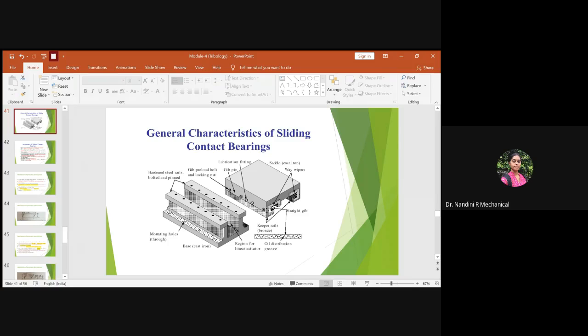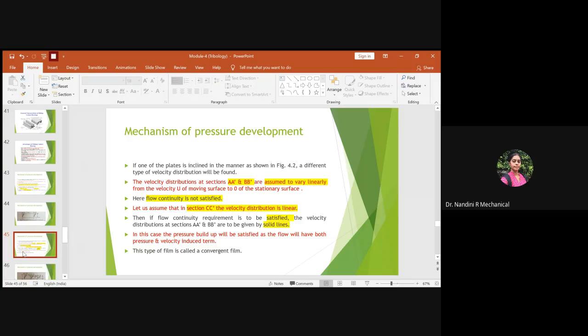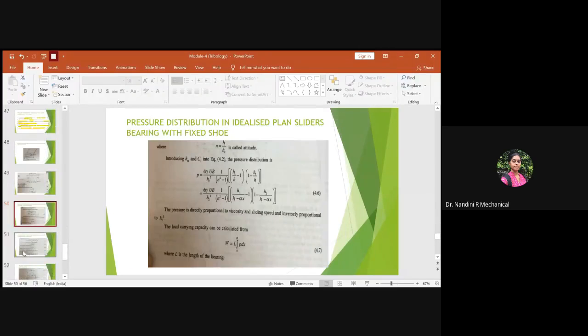So based on H2, it depends with what speed it has been sliding. So that is what has been explained over here, right? So you have to write directly, the pressure directly depends upon the viscosity, and the sliding speed depends inversely proportional to the converged film thickness. Not only H2, it is H2 square.